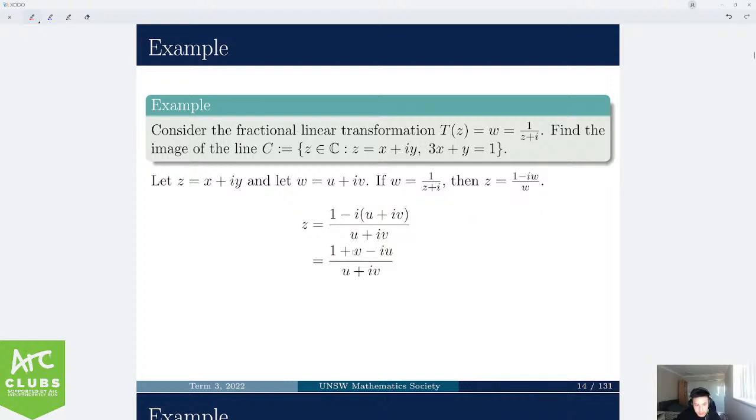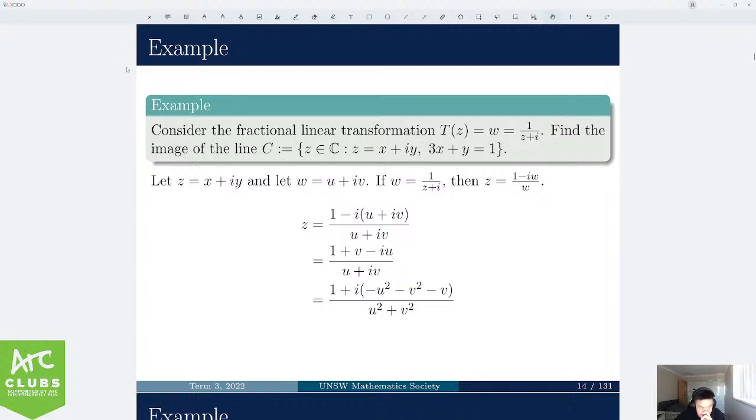A bit of algebra here, and notice we have a complex number in the bottom, so the game here is to multiply the top and bottom by its conjugate. And doing so, we get something like this.